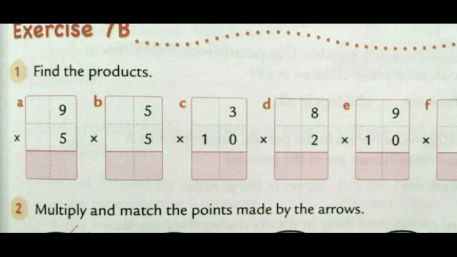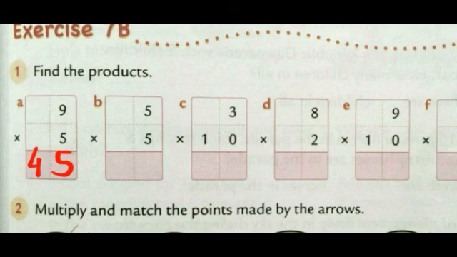So what are 5 nines? You need to say the table of 5, 9 times. 5 nines are 45. So we need to write it here, 45, this way. Okay.